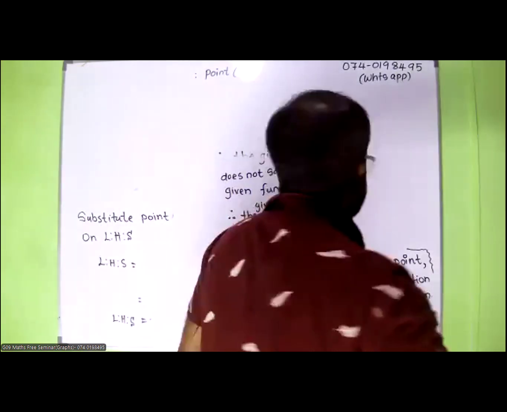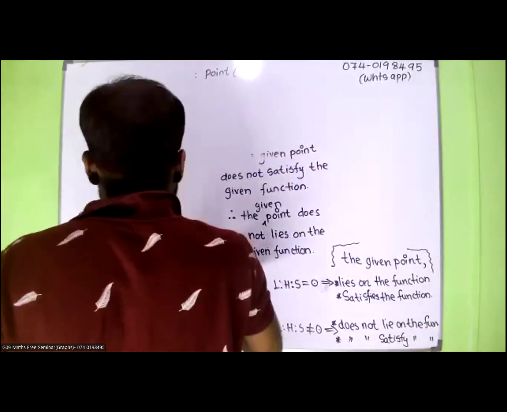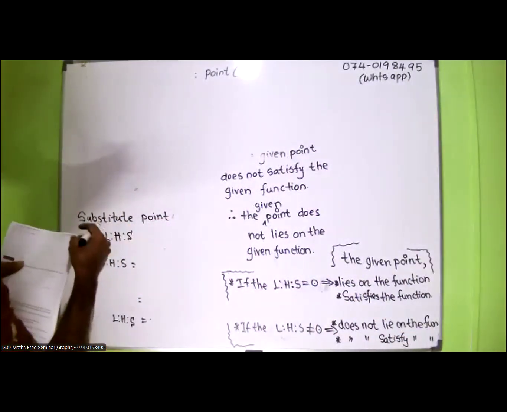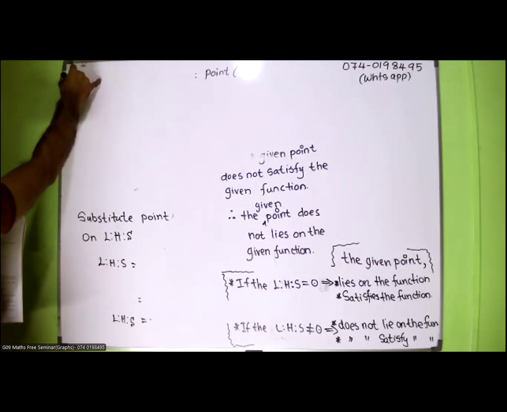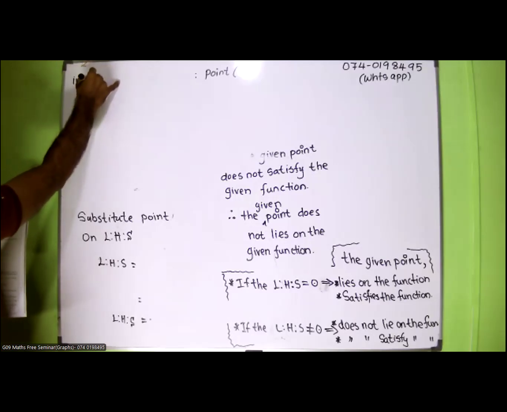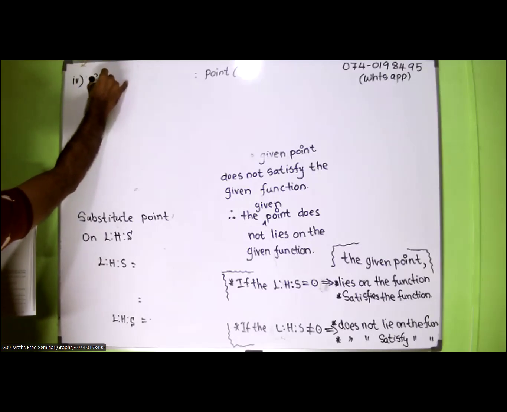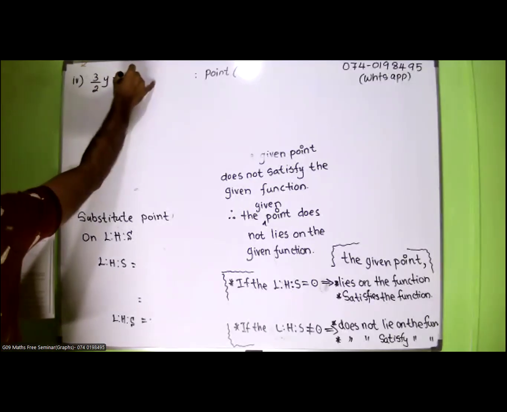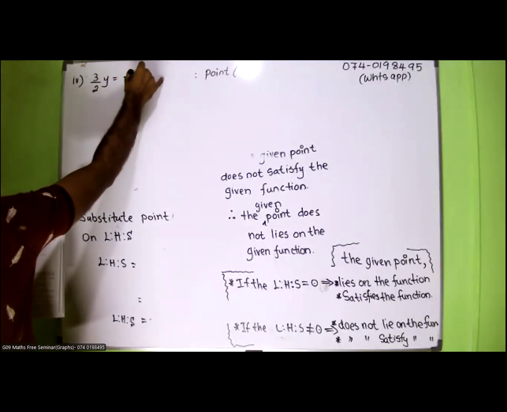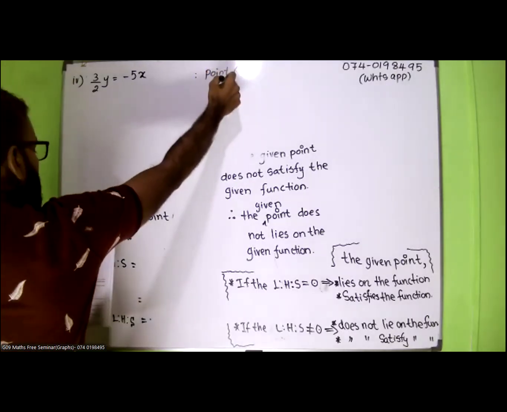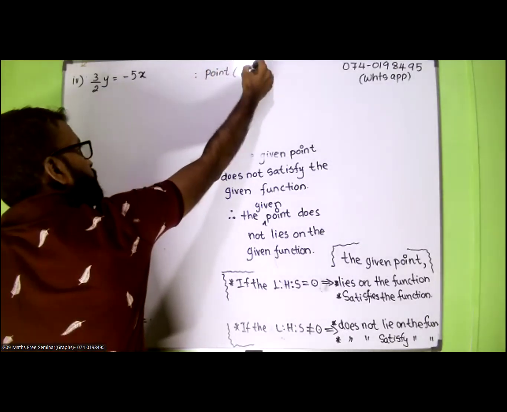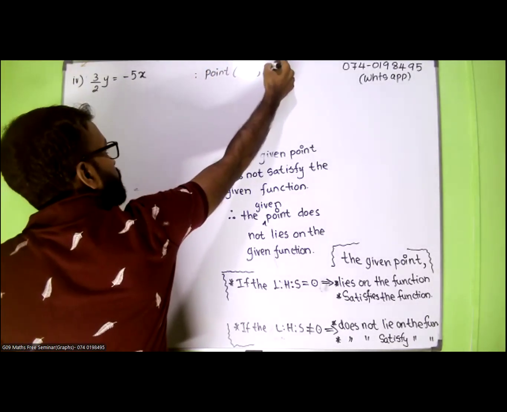So the fourth one is something like this: 3 upon 2 y equals minus 5x. The given point is minus 2 comma minus 2.